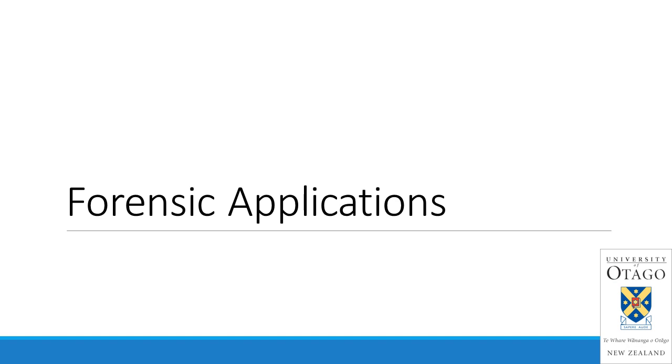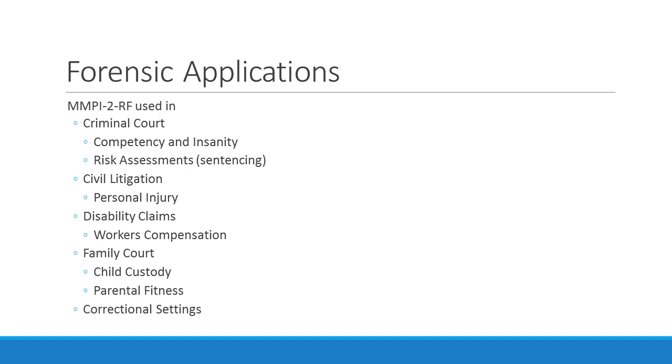Okay, so let's talk a little bit about forensic applications of the MMPI-2-RF. The MMPI-2-RF can be used and is being used in a variety of contexts where psychologists have been asked to address psycholegal questions, like in criminal court settings, for instance, looking at competence to stand trial or evaluating people's mental state at the time of the offense to see if they qualify for an insanity defense, risk assessments, but also in civil litigation.